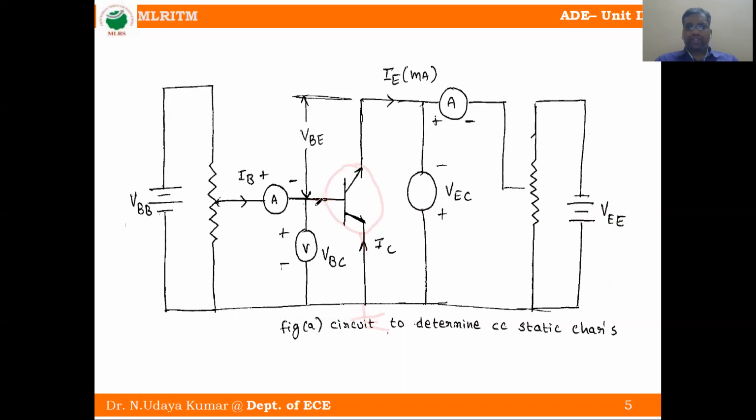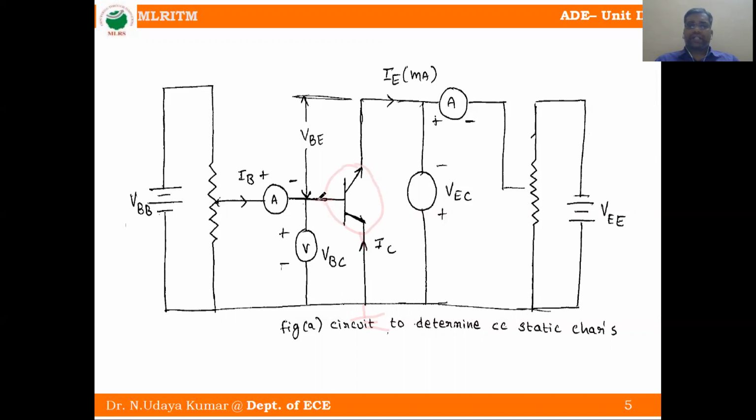There is a voltage between these two terminals, base and collector. We call it VBC. The voltage across base collector is also called the voltage across collector base. Both are the same.